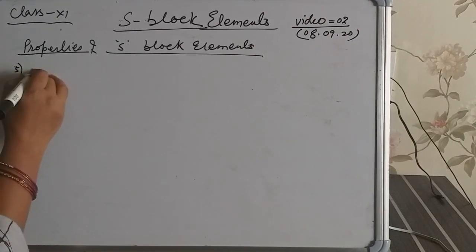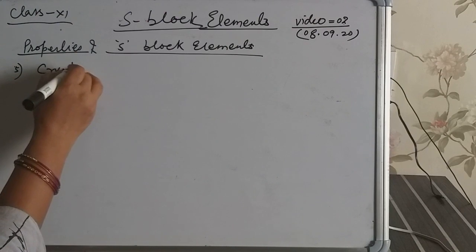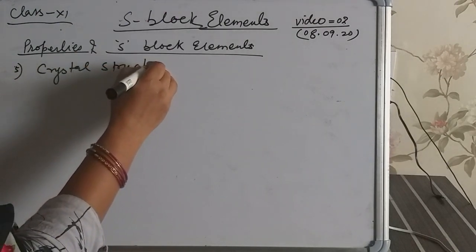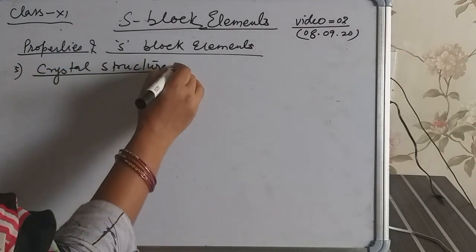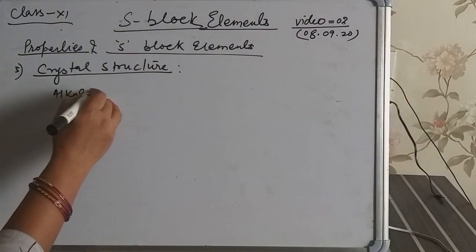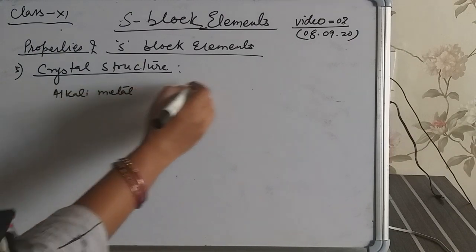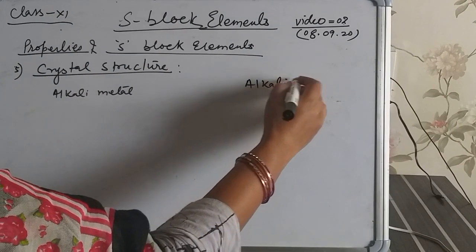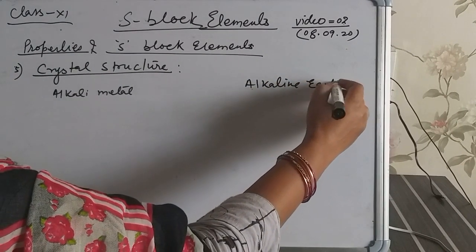The next property is the crystal structure of alkali metals and alkaline earth metals.